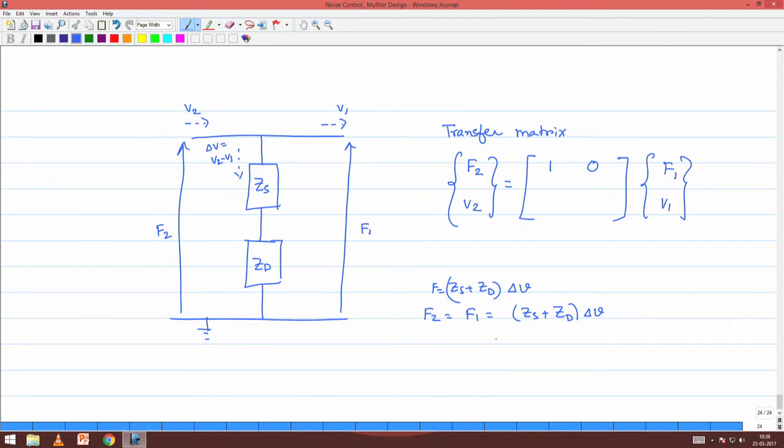So, F1 by Zs plus Zd must be equal to delta V, which is V2 minus V1, right. So, therefore, V2 minus V1 has got to be F1 divided by Zs plus Zd. So, V2 has got to be F1 divided by Zs plus Zd plus V1. We could write this up in this matrix form by noting that this element will be 1 and this element will be 1 by Zs plus Zd, right.